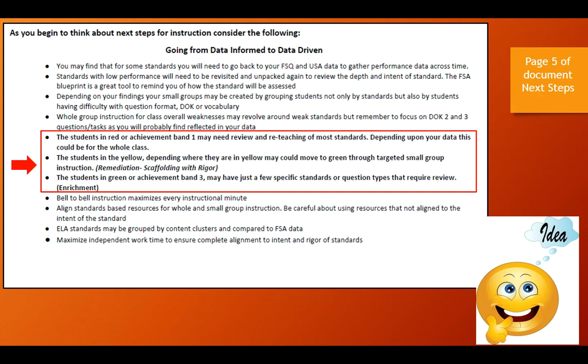Keep in mind, students in the below threshold values, the red achievement band, may need review and reteaching of most of these identified standards. Students in the threshold yellow achievement band can benefit from remediation of the targeted standards at the assessed level of rigor. Small group instruction and scaffolding is the key concept with this group of students.